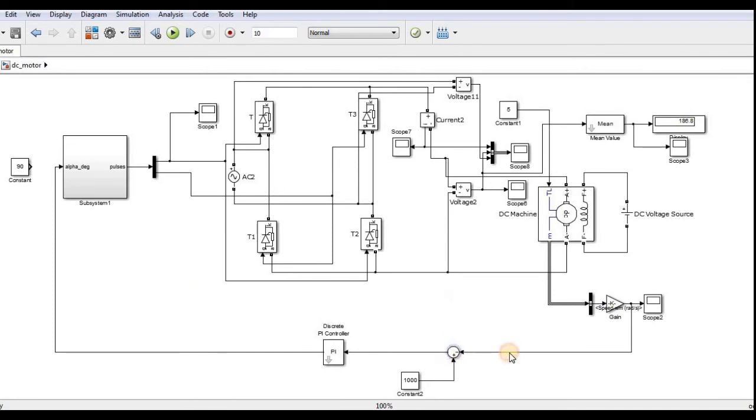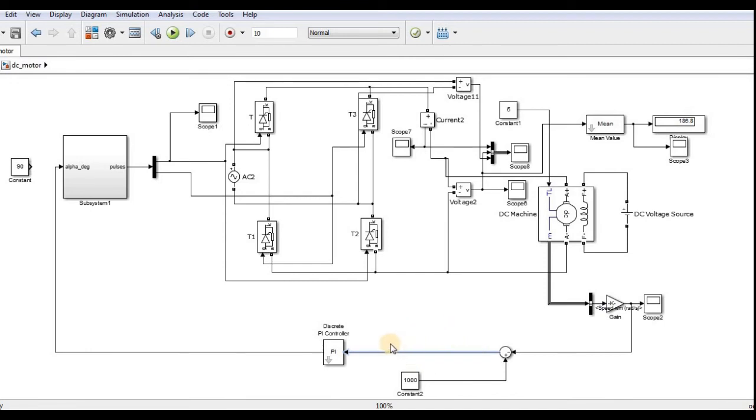See, I already told you for more angle there will be less speed. For less angle, more speed, meaning inversely proportional. So let us assume I have only 500 RPM but I require 1000. So this is the positive 1000, positive 500 will come.